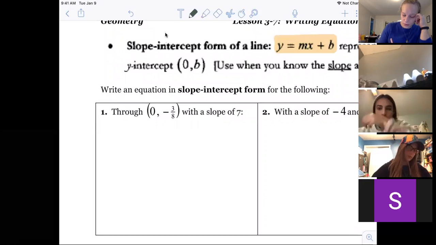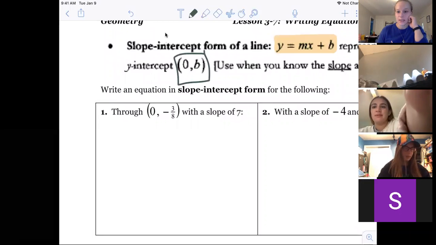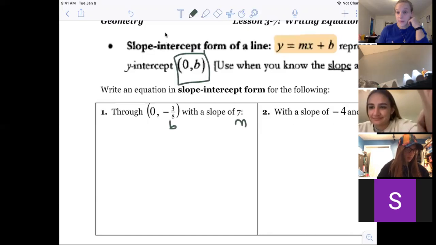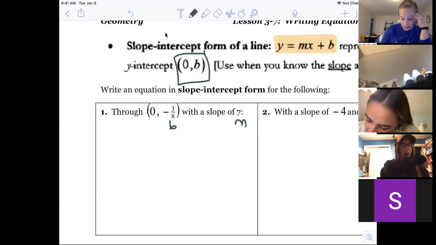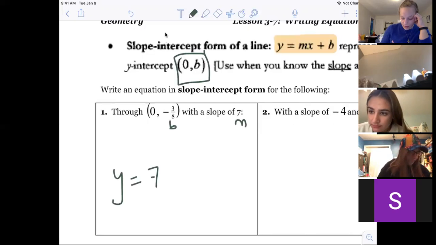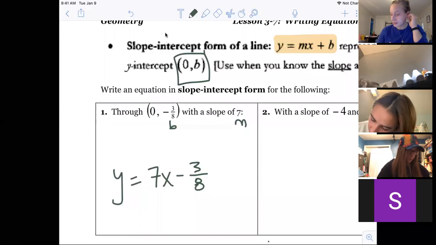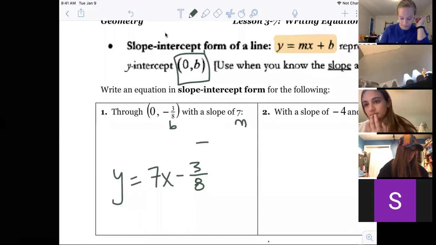I just told you that the y-intercept is written as (0, b). So if this is written as 0 and then a number, then that number is my b. My slope is always my m, and so it's really easy to just write this as y equals mx plus b. Instead of writing m, I'll write 7, so 7x, and then instead of writing b, I'll write -3/8. That's it. That's all I want here.